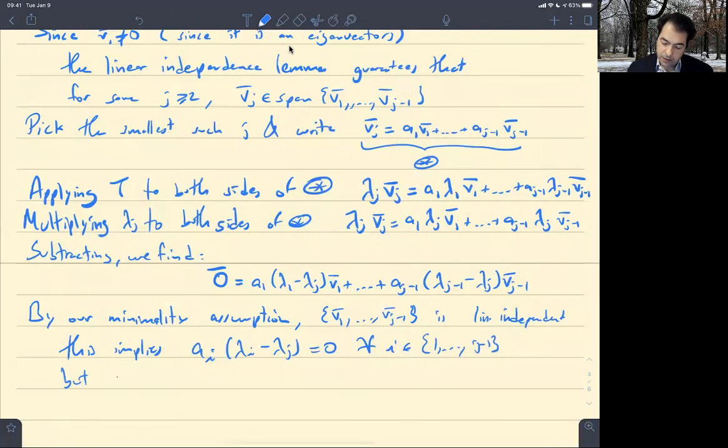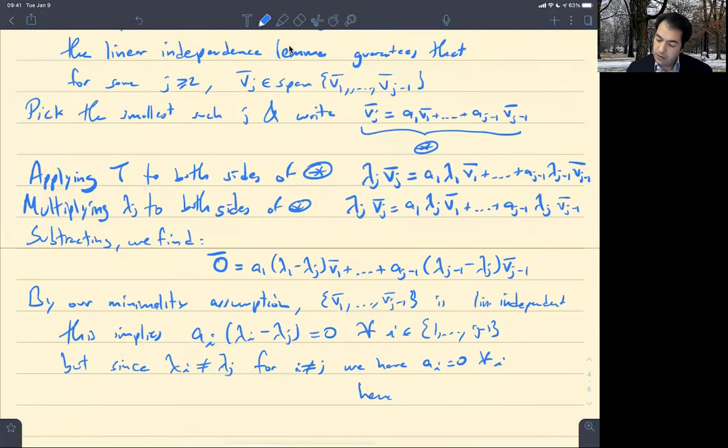But since lambda i is not equal to lambda j for i not equal to j, because remember, this is a distinct set of eigenvalues, we have ai equal to 0 for all i between 1 and j minus 1. But then from star, we see that vj is equal to 0. But vj is an eigenvector, and eigenvectors are not equal to 0. So that's a contradiction.